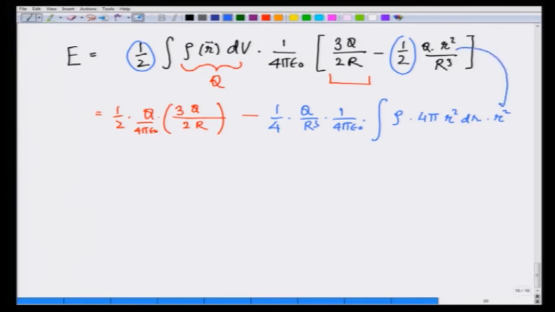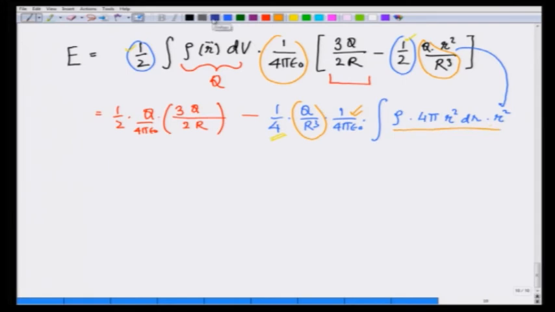Let us see if we have taken care of all the terms. 1 half and 1 half gives me 1/4. This we have taken care of. Q over r cubed, 1 over 4 pi epsilon 0, which is taken care of here, and then rho times 4 pi r square dr. This is fine.